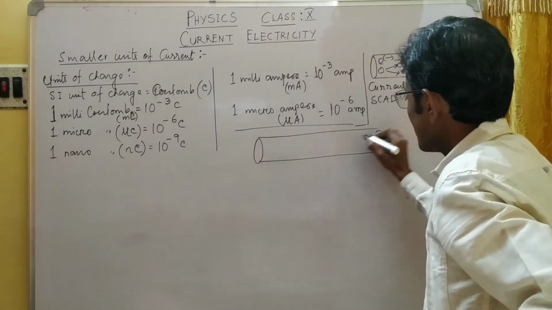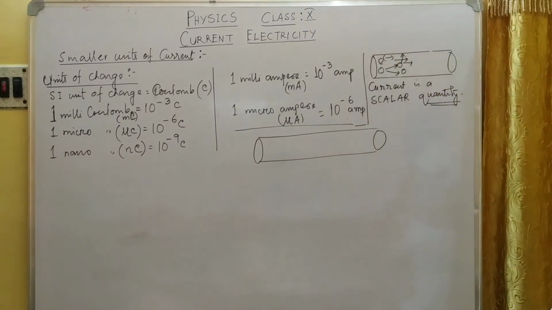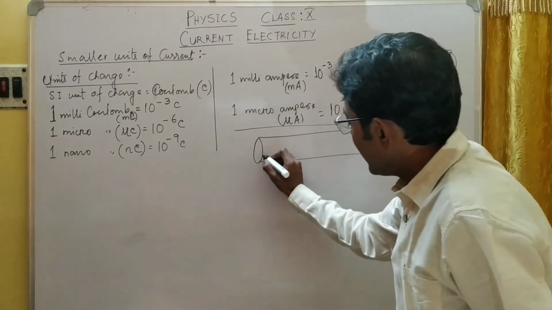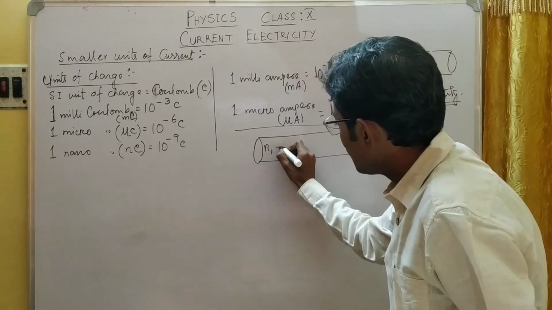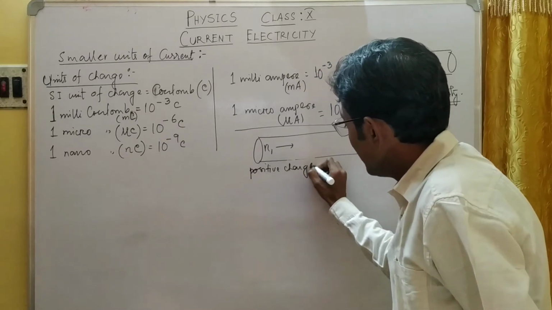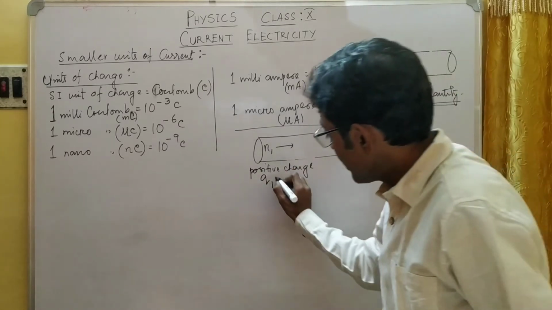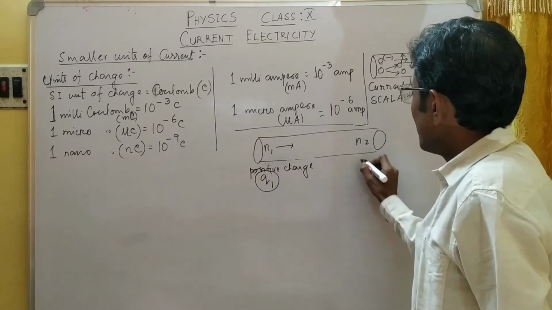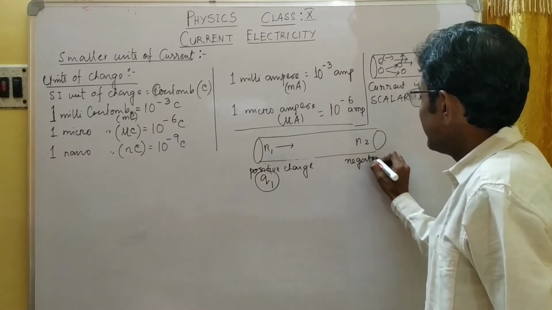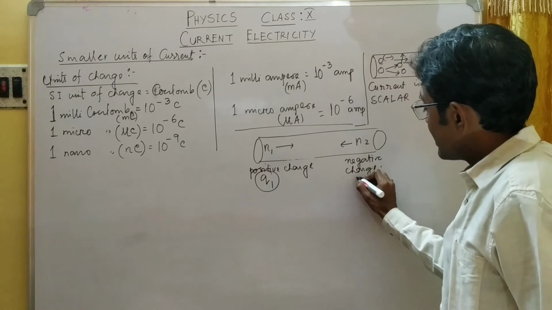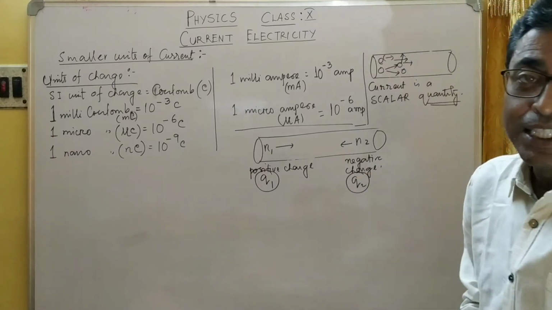Say there are n1 positive charges, known as cations, and negative charges are called anions. Each positive charge has charge Q1 and is moving in this direction, and n2 negative charges are moving in the opposite direction, each having charge Q2.